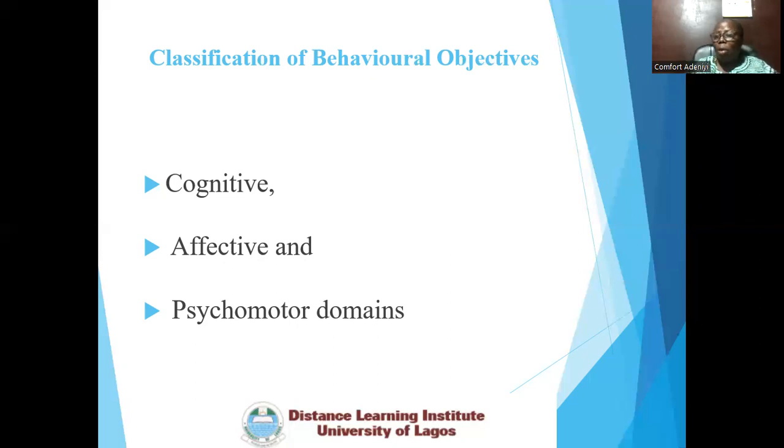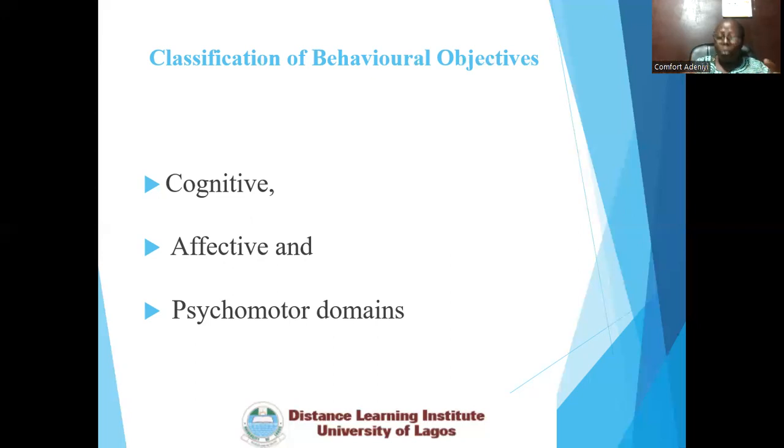And lastly, we have the psychomotor domain. The psychomotor domain usually tests the physical ability, the physical skills of the student. In this type of domain, we test objectives such as the student should be able to draw, jump, dance, demonstrate, perform.